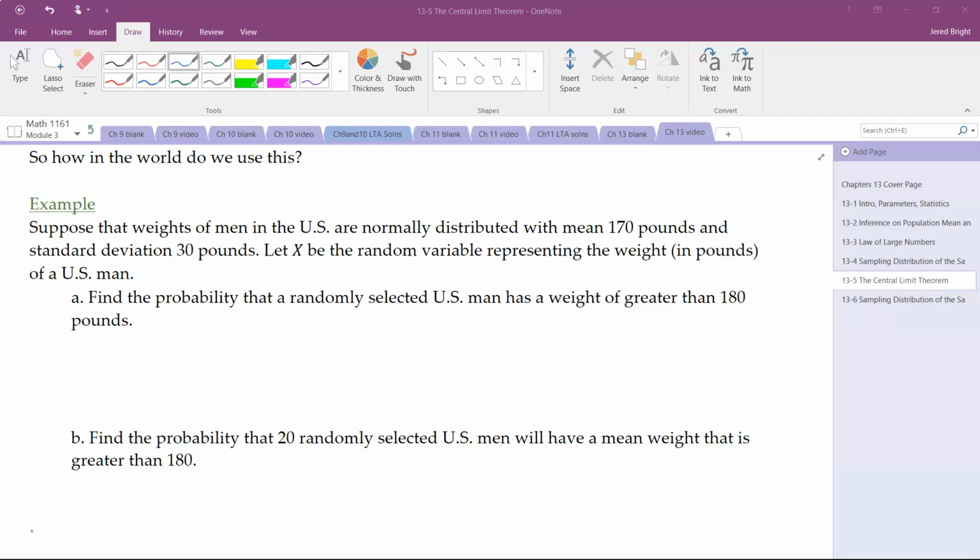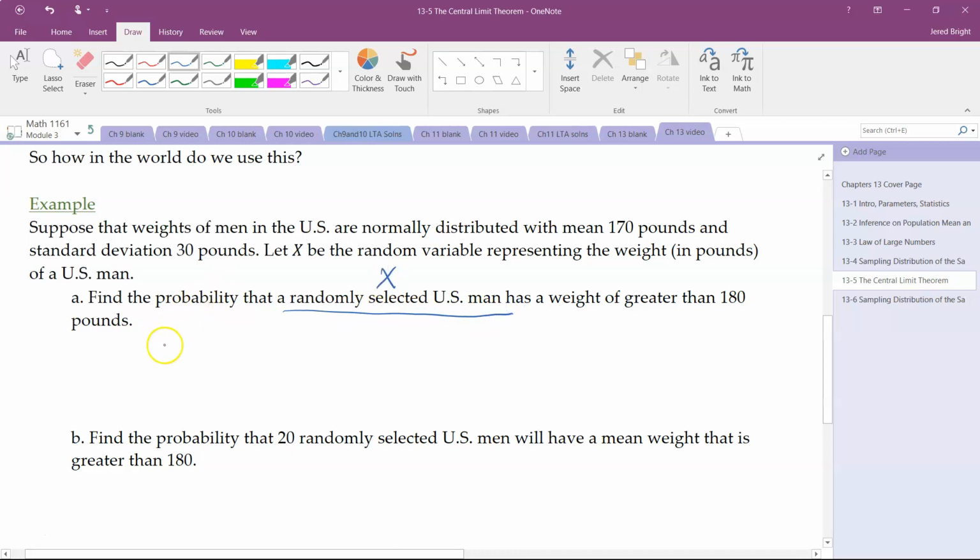So we're looking at weight, which is a normally distributed characteristic, and we want to find the probability that a randomly selected US man has a weight of greater than 180 pounds. So this one actually doesn't use a CLT, because x is the random variable representing the weight of a randomly selected US man. That's just x.